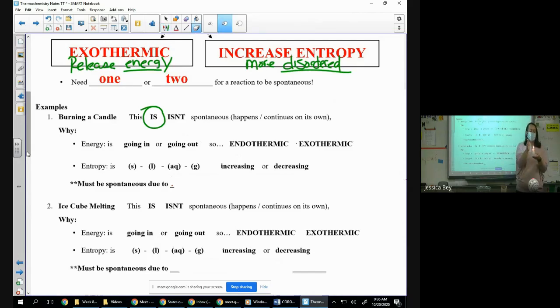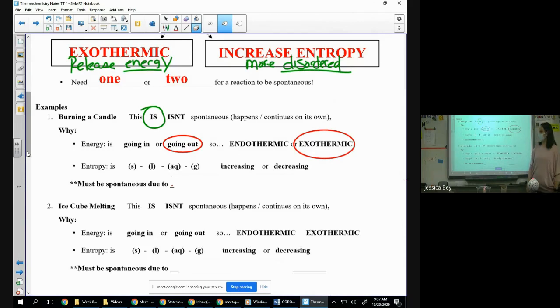When I put my hand near it, do I feel thermal energy on my hand? It feels hot. So the reaction is releasing thermal energy. So that means it is going out. Thermal energy is going out. So is that endo or exothermic? Good, beautiful.